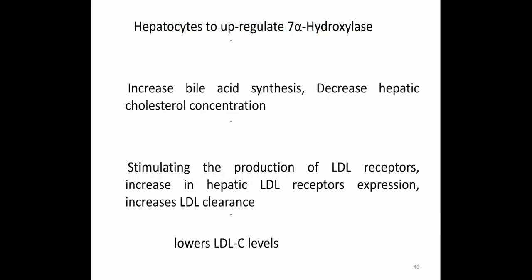The hepatocyte upregulates 7-alpha hydroxylase, increasing bile acid synthesis and decreasing hepatic cholesterol concentration. This stimulates the production of LDL receptors, increasing hepatic LDL receptor expression and LDL clearance. So ultimately LDL cholesterol will be decreased, in the same manner as with statins.